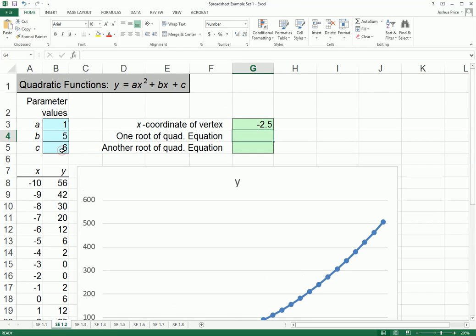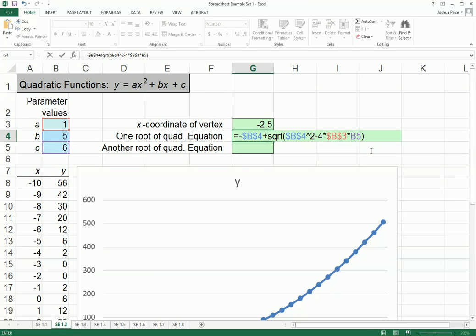Now to find one root equation, so normally we factor out, but here we're going to insert in the quadratic formula, which is -b plus or minus the square root of b squared minus 4ac. So we'll have plus on the top and minus on the bottom. So this is equal to -b, and I'm going to anchor these, plus the square root in parentheses b squared minus 4 times a times c.